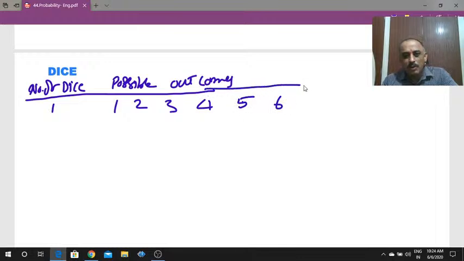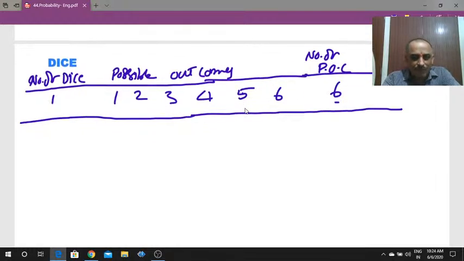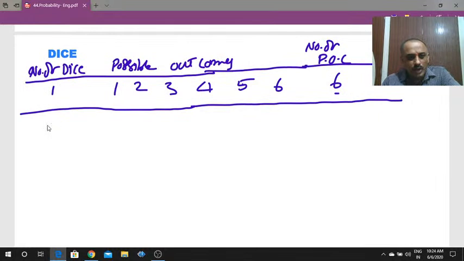How many possible outcomes are there? Six possible outcomes. If a person throws one die, the total number of possible outcomes is six. If a person throws two dice, tell me the number of possible outcomes.